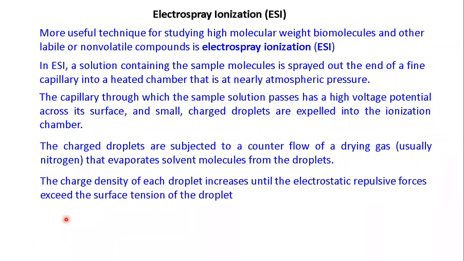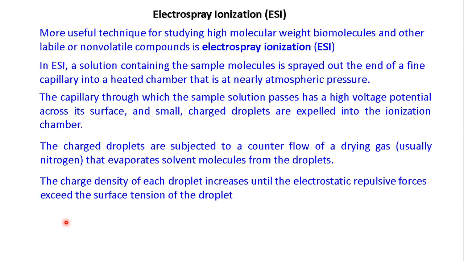If the solvent molecules evaporate, your charge density is going to increase in this droplet. At a certain point, the repulsive force between the charges will exceed the surface tension of the droplet. Your droplet size is becoming smaller because the solvent is evaporated.